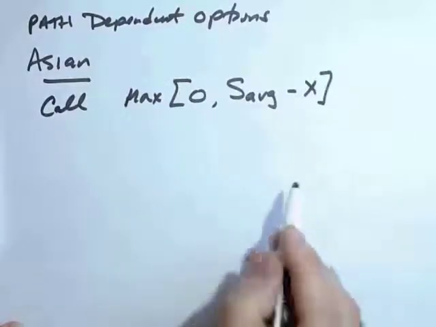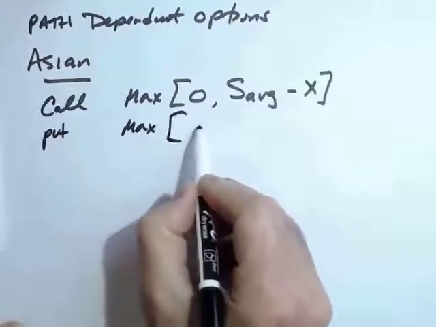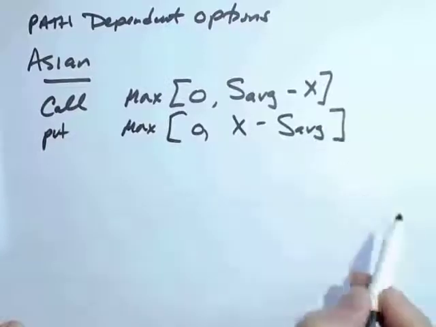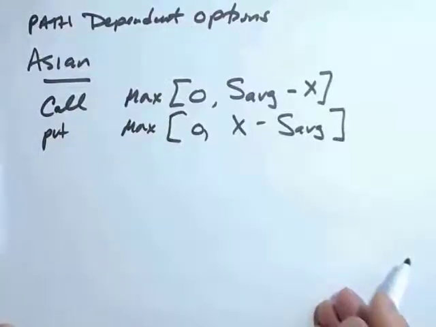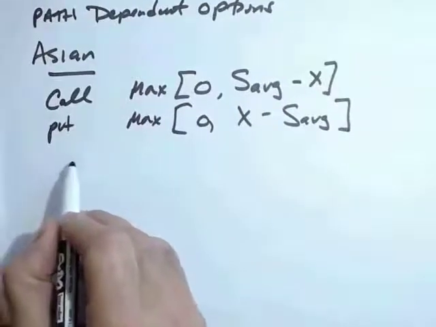So that would be a call. A put would be the maximum of 0 or X minus the average stock price over the life of the option. There are also average strike options.